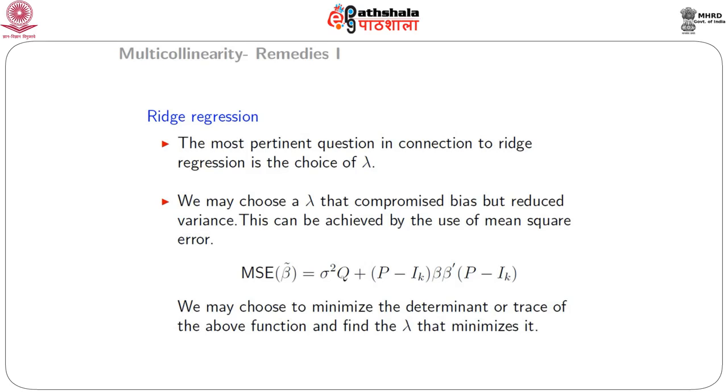MSE of beta tilde equals σ²Q plus (P − I)ββ'(P − I)'. We may choose to minimize the determinant or trace of the above function and find the lambda that minimizes it.